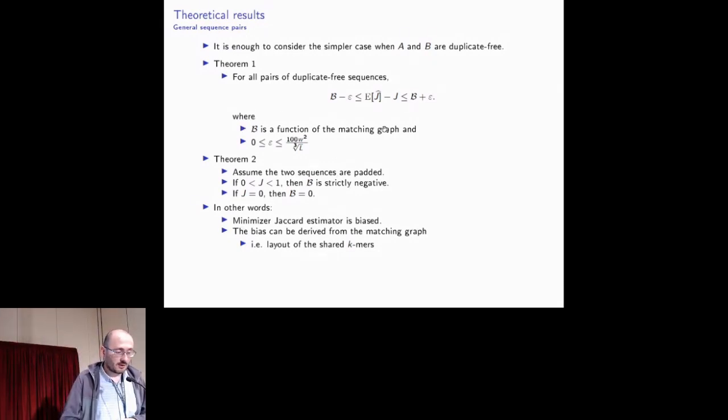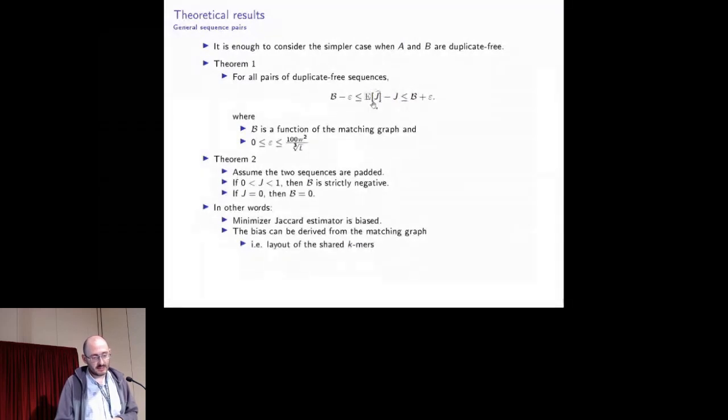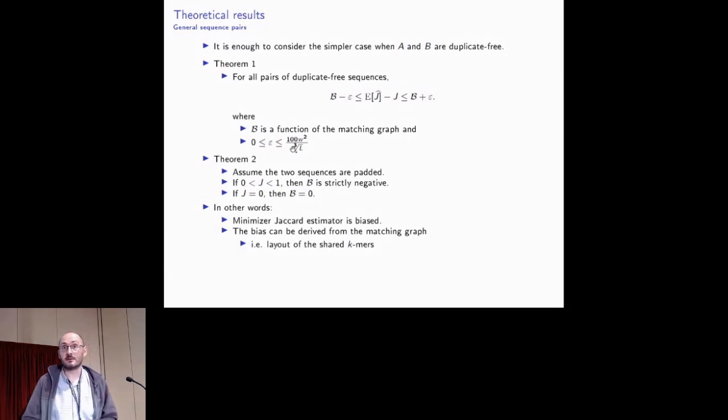So the first theorem tells us that the bias, this middle term here, is basically equal to this term b plus or minus this error term epsilon. Now the important thing to note about the error term is that it goes to 0 as the length of the sequence goes to infinity.